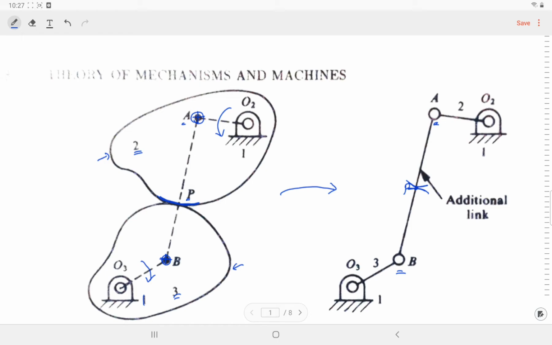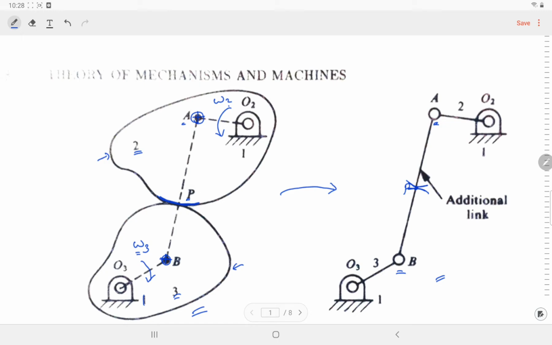And what is the purpose of constructing such an equivalent linkage? For example, say this link 2 has some angular velocity omega 2. As a result, we will have some angular velocity on link 3, let's call that omega 3. For a given omega 2, what is omega 3 is the question we need to answer. With this configuration it is difficult, but for that one the problem is very easy.